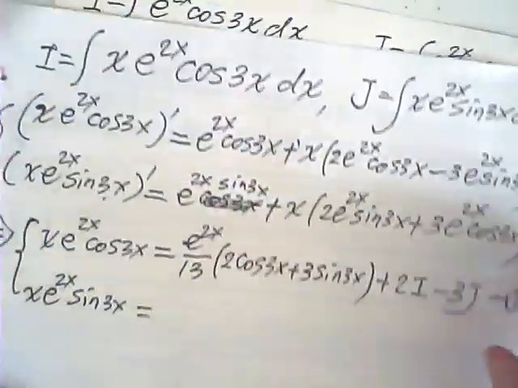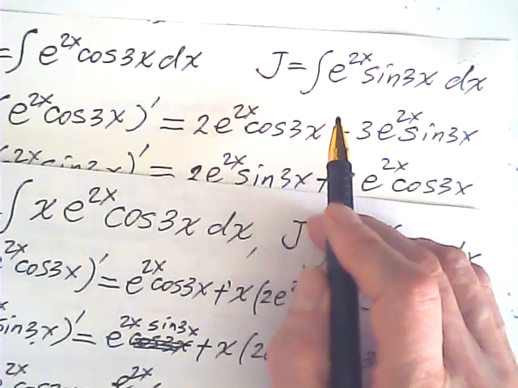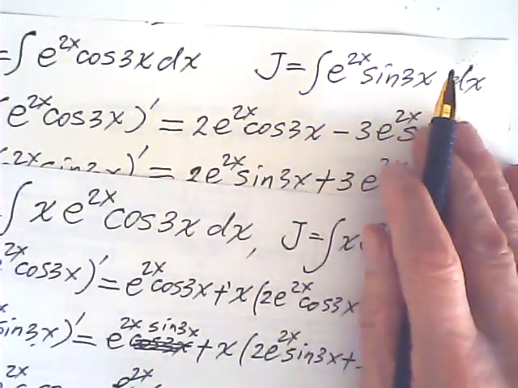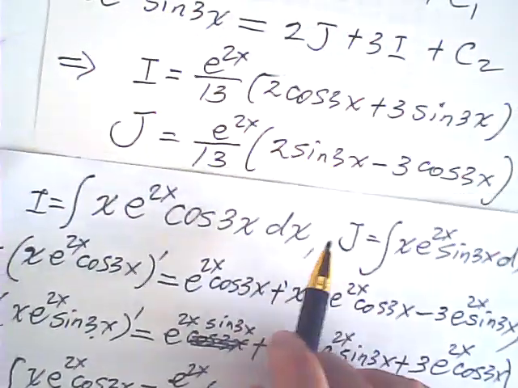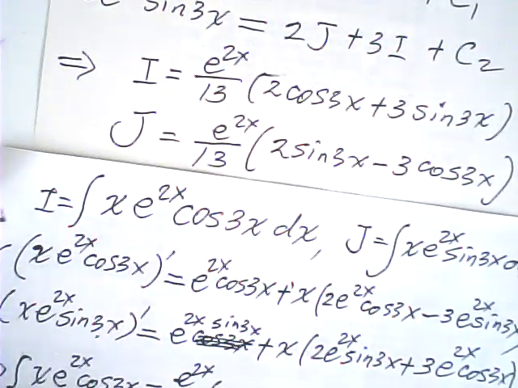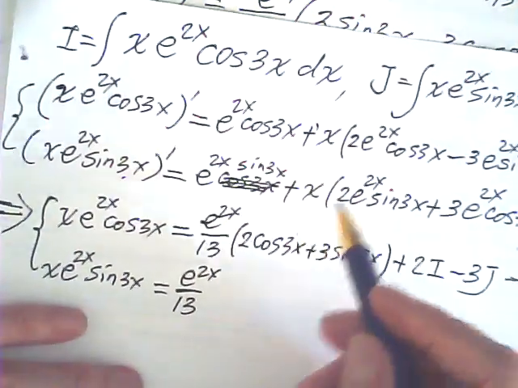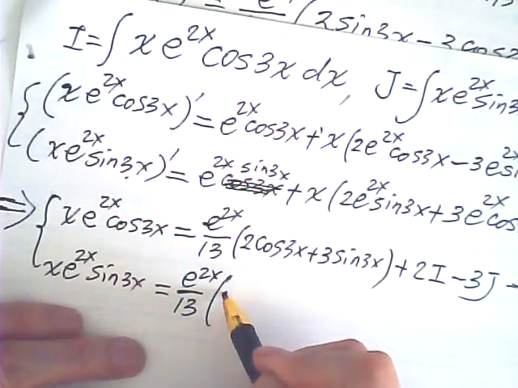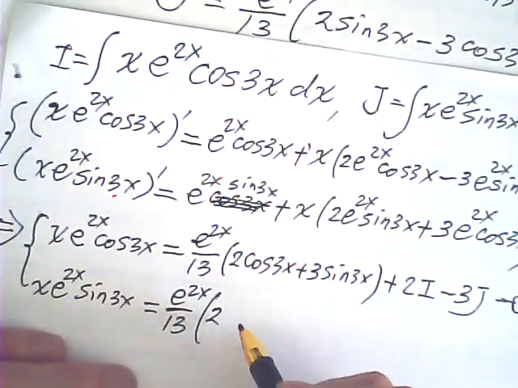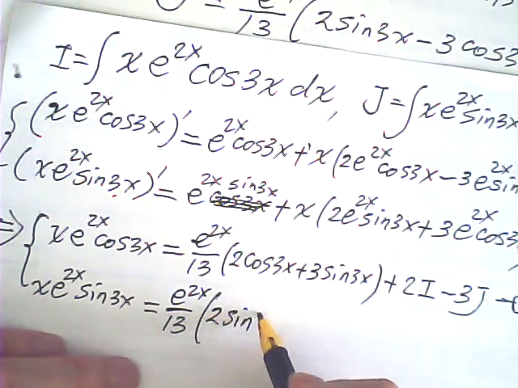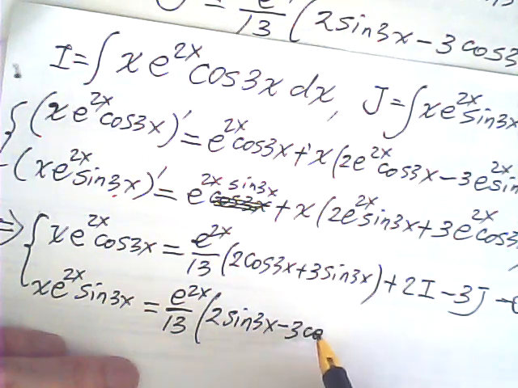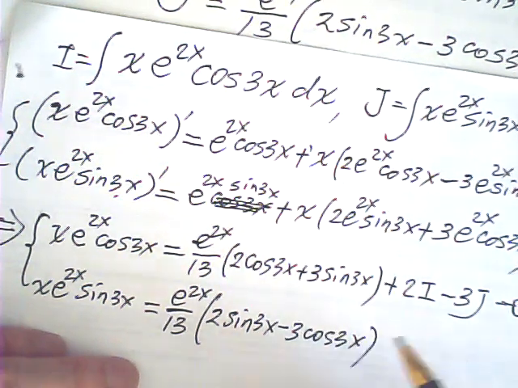And this antiderivative is my J in the last example: J is e to the 2x over 13 times (2 sine 3x minus 3 cosine 3x).